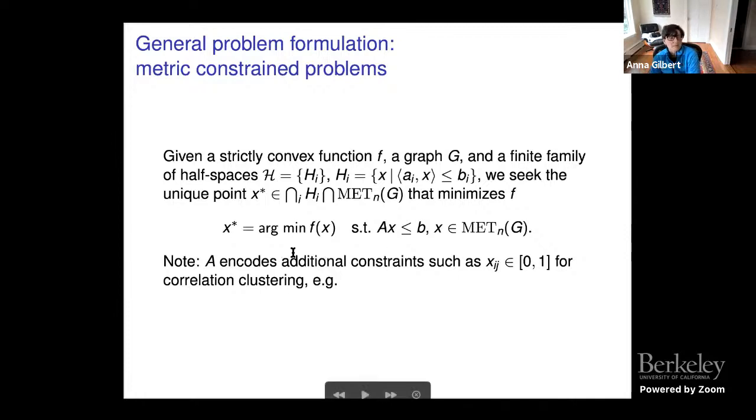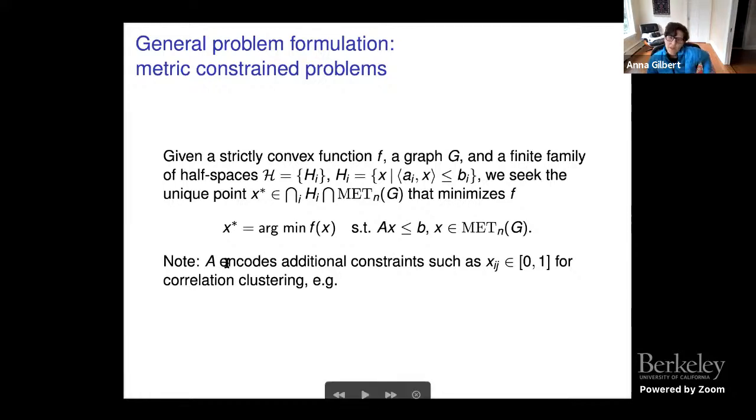Give me the point that minimizes some strictly convex function f over the metric polytope that corresponds to the projection of the graph G. G might actually be the complete graph, in which case the metric polytope is exactly the same. And I might also throw in some additional constraints, in this form: Ax is less than or equal to b.